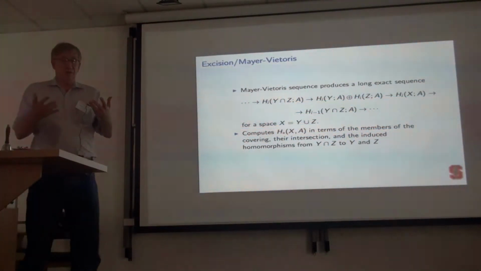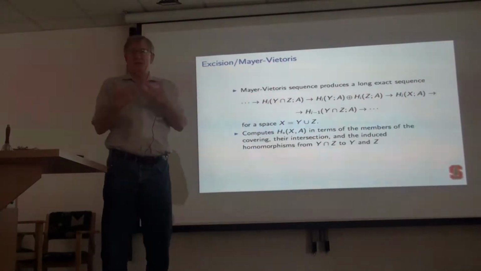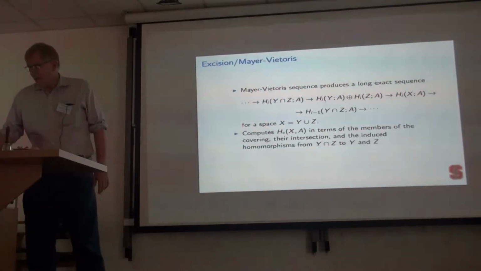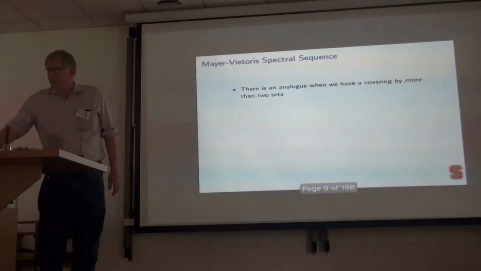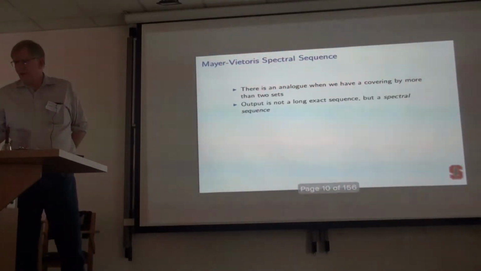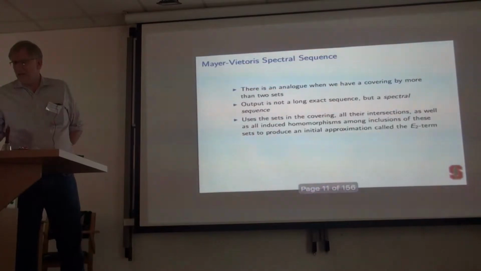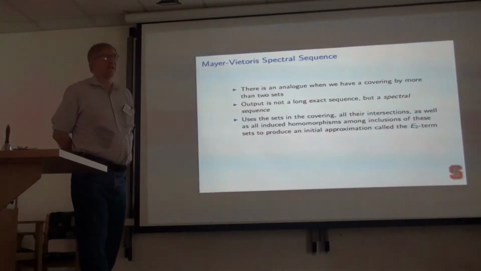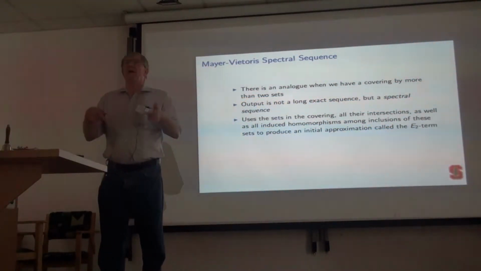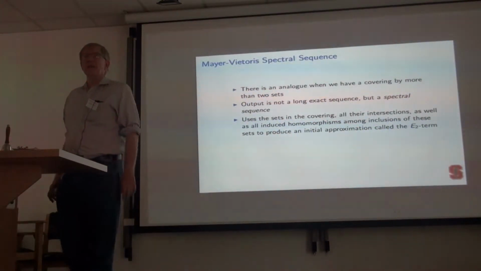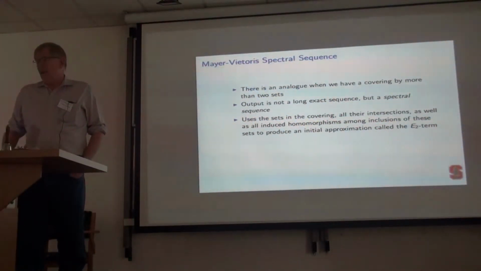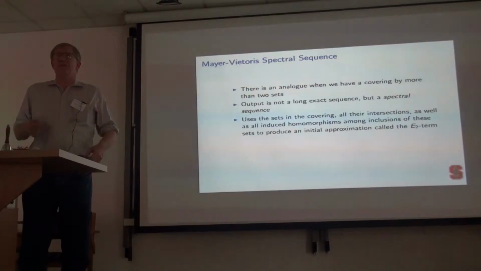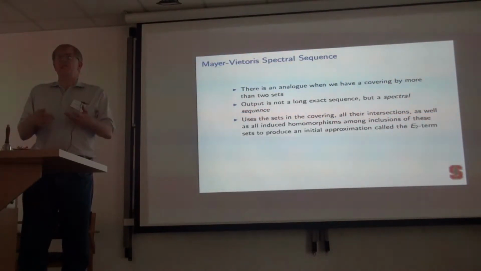It really does say local to global because you've got two local pieces that are being assembled into a global piece. It can come from a covering with more than two sets. In this case, the output is no longer a long exact sequence, but it's instead a somewhat more complicated object called a spectral sequence. And a somewhat less deterministic object also, in the sense that there are more homomorphisms that need to be computed.